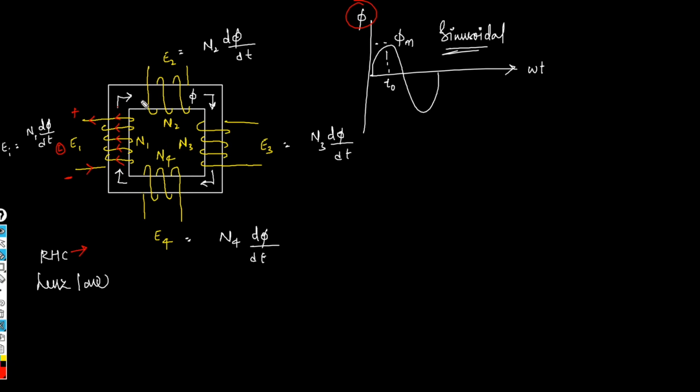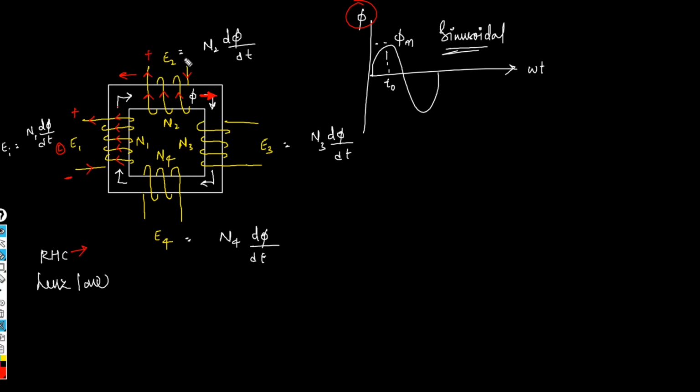Similarly, now we will try to find the current direction here. The flux is in this direction. Which flux? The original flux which is responsible for the cause of EMF is in this direction. Now place your thumb in this direction and check where your curl direction is showing. The curl direction will be showing like this, which means that the current is entering into this point and leaving from this particular point.